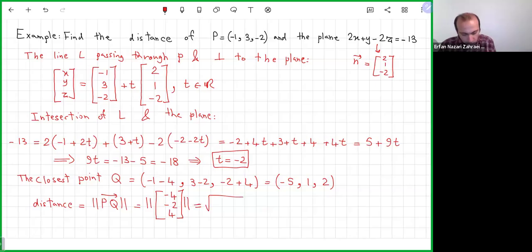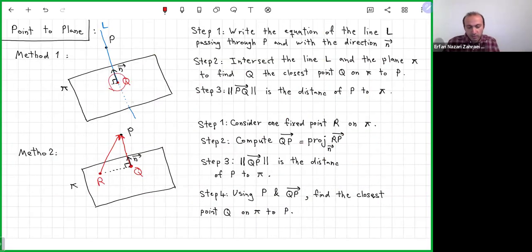Then the length is the root of negative 4 squared, 16, negative 2 squared, 4, 4 squared, 16. 16 plus 4 is 20, plus 16, it's 36. Root 36 is 6. So the distance is 6. And this is the closest point. Not only did I find the distance, I also found what point on the plane is the closest to P.